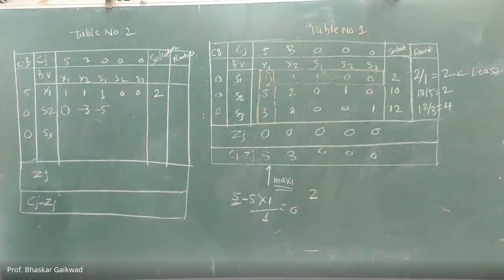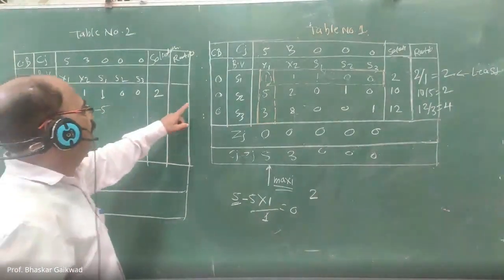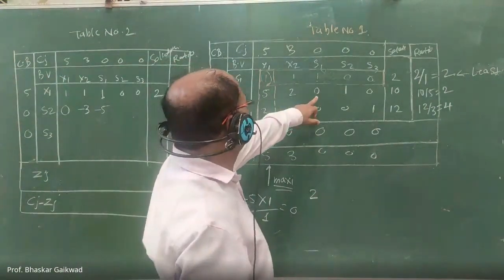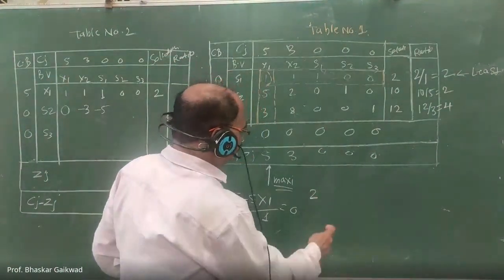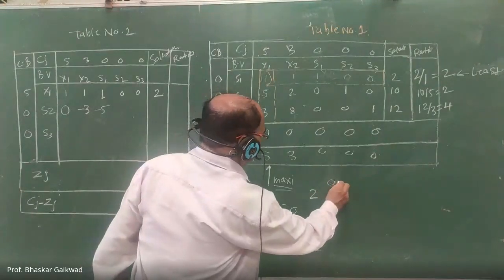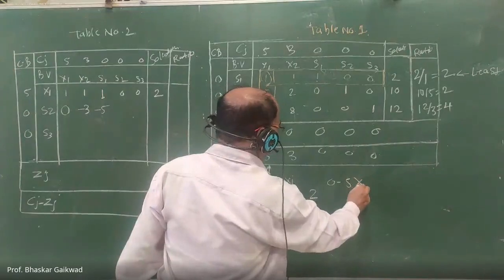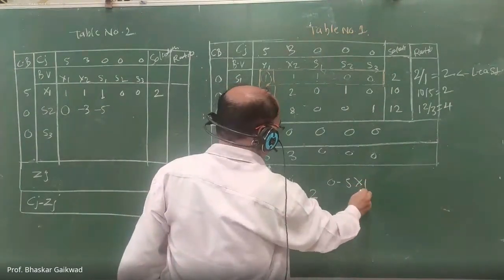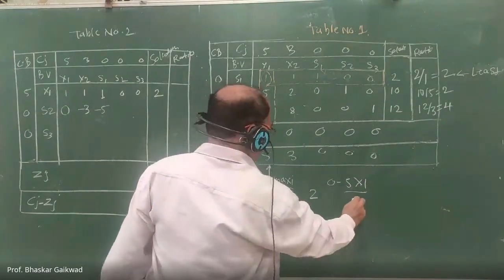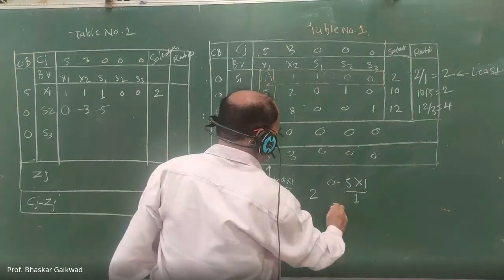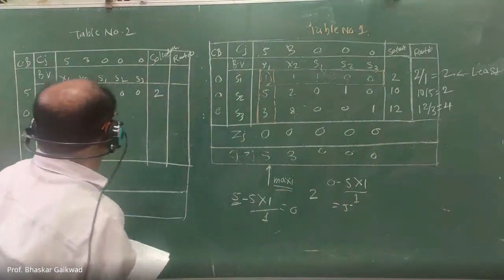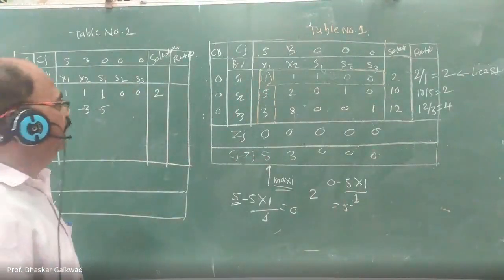How have we calculated minus 5? This is our 0 element. So original value is 0 minus corresponding row value 5, corresponding column value 1, divided by our key element 1. So answer is minus 5.